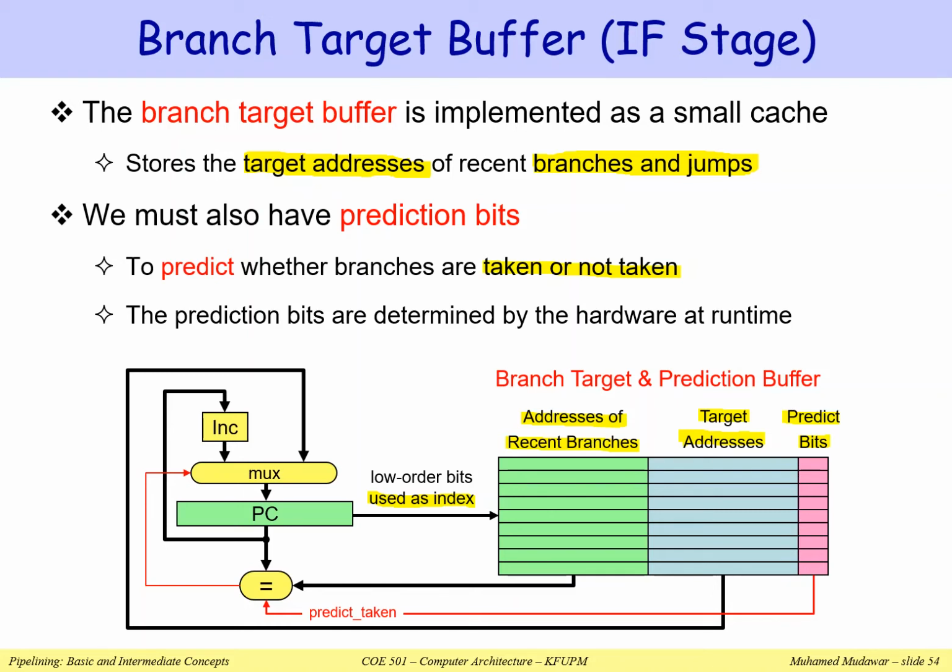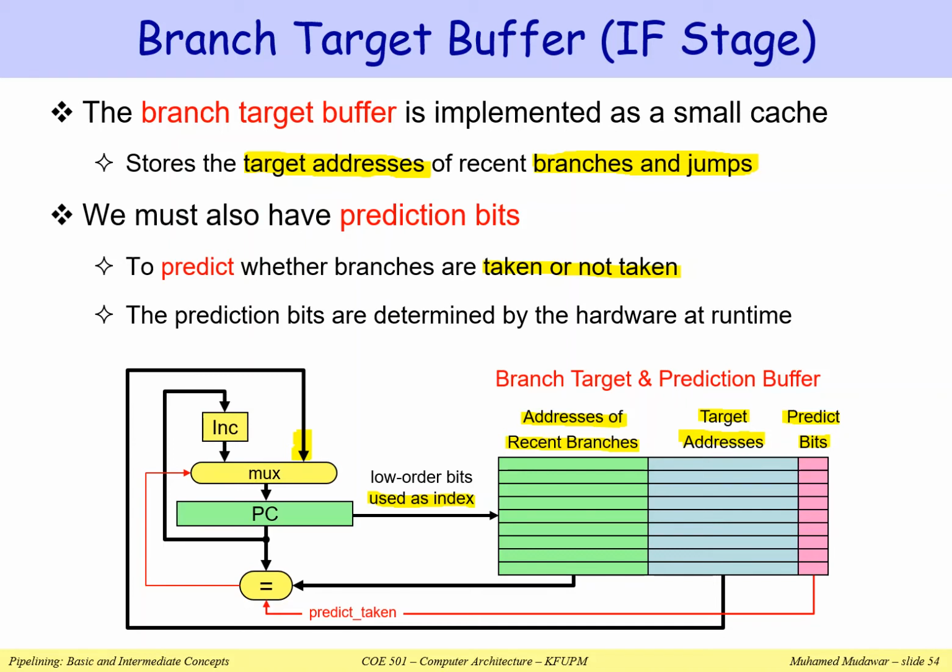If there is a match, we already have the target address inside the branch target buffer. We also need to look at the prediction bits. So if we have a match and the branch is predicted to be taken, then we select the target address. The target address here is available at this input of the multiplexer.